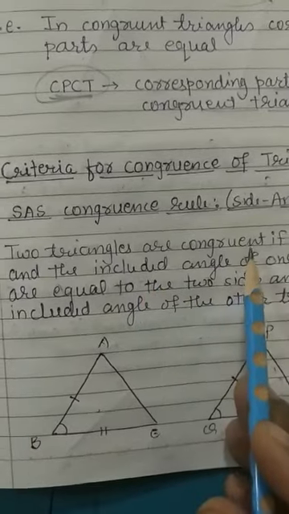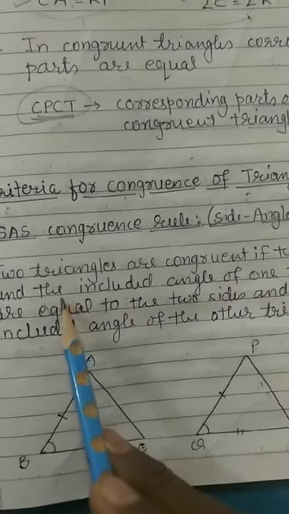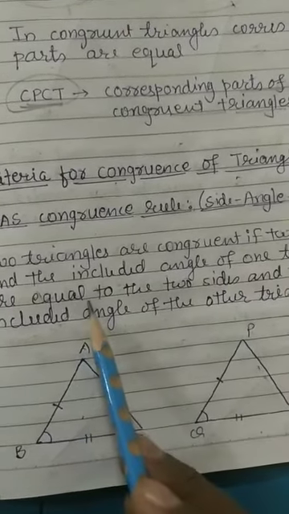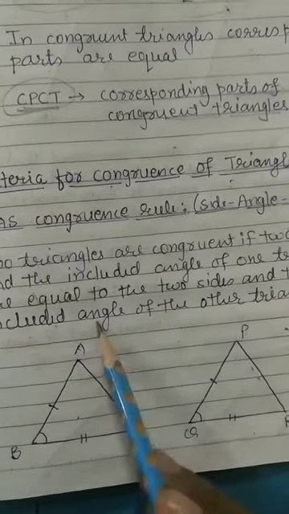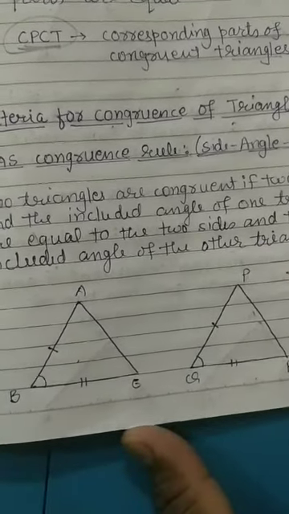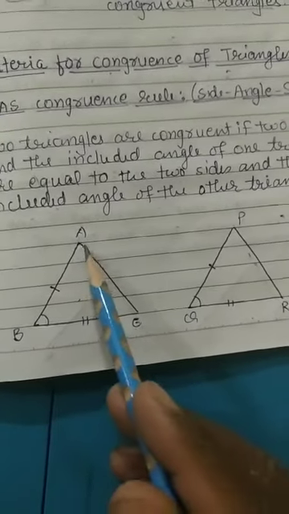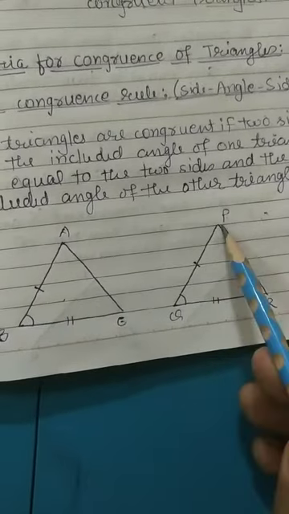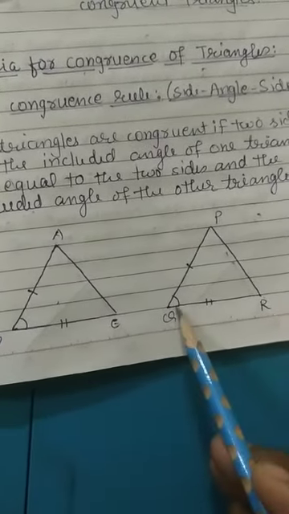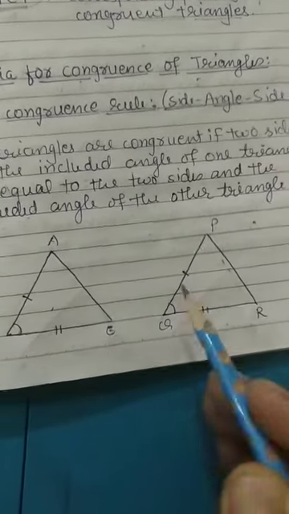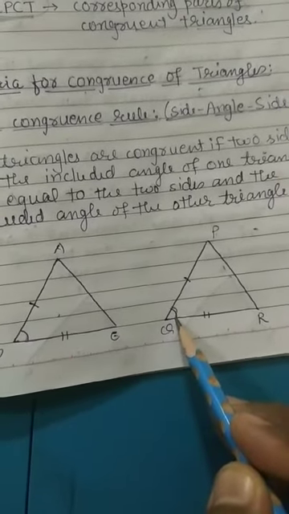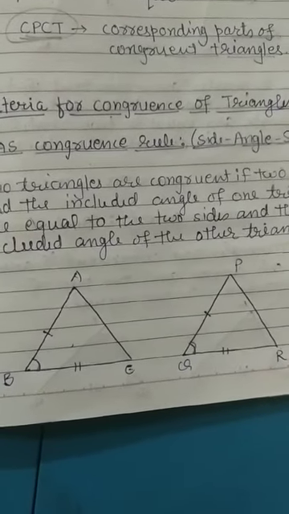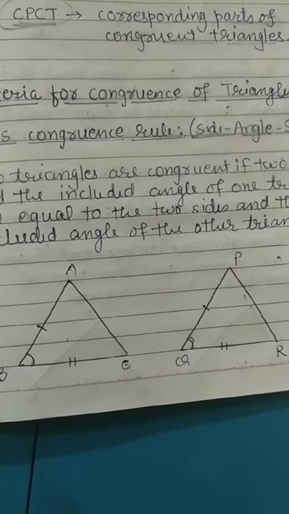Two triangles are congruent if two sides and the included angle of one triangle are equal to the two sides and the included angle of the other triangle, right? You can check in triangle ABC and in triangle PQR, AB is equal to PQ, BC is equal to QR, and included angle B is equal to included angle Q. So you can say both the triangles are congruent by the SAS congruence rule.